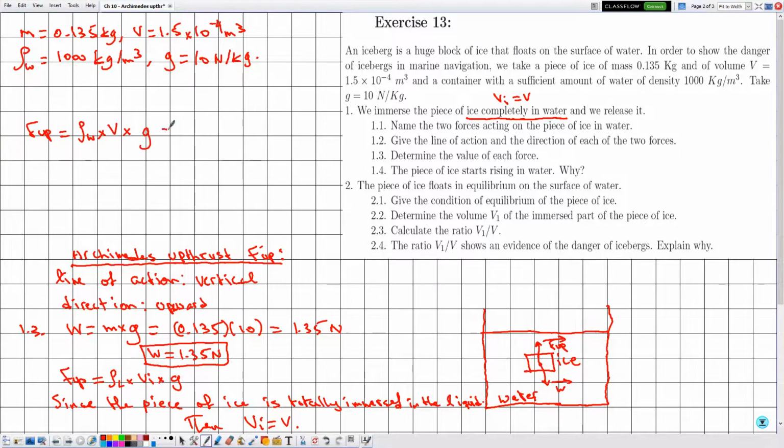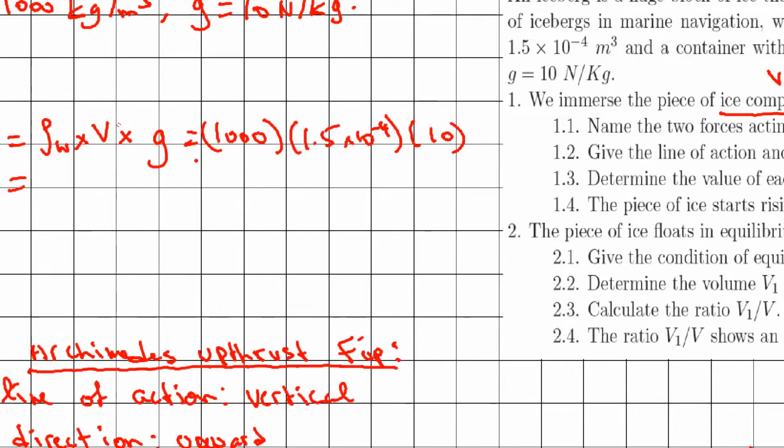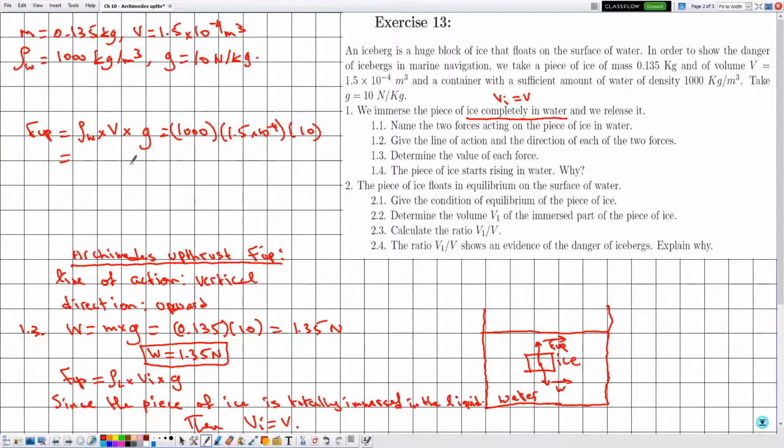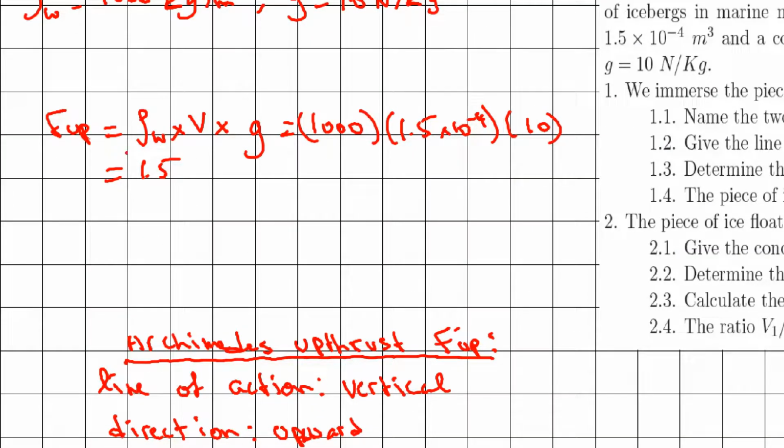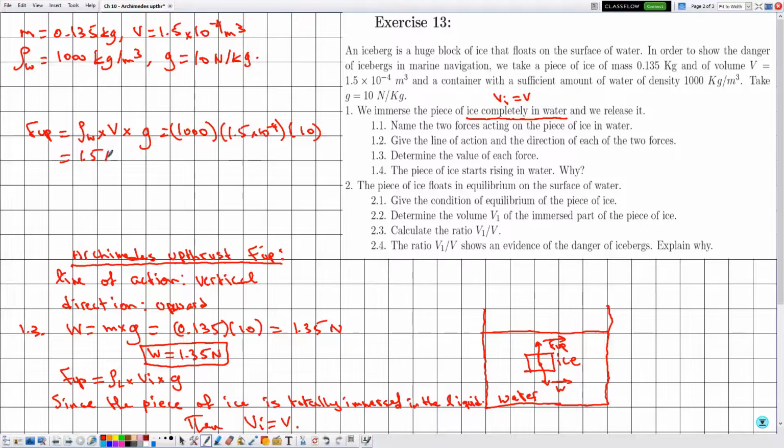g. Now the density of water is given by 1000. The volume V is given by 1.5 times 10 to the power minus 4. And the value of g is given by 10. Now plugging this expression on the calculator, the value of F upthrust is 1.5. Since everything is expressed in the SI, the value of F upthrust will be expressed in the SI, which is in newtons.